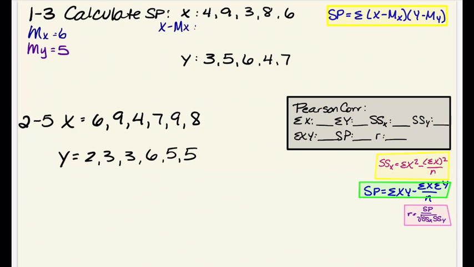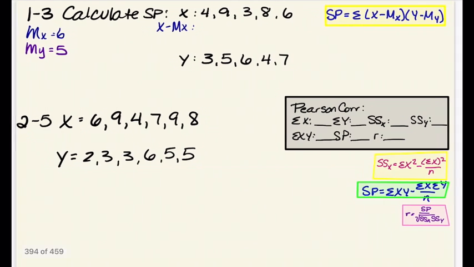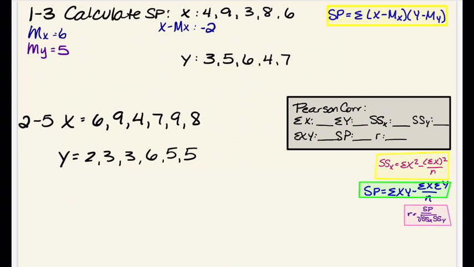So we'll take the value of the score and subtract the value of the mean. In this example, 4 minus 6 is negative 2, 9 minus 6 is 3, 3 minus 6 is negative 3, 8 minus 6 is 2, and 6 minus 6 is 0.